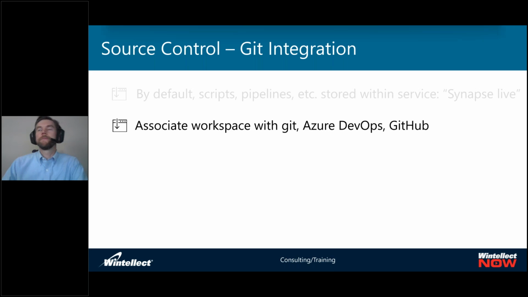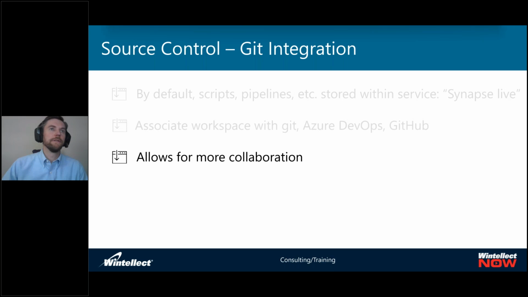But sometimes you may need a little bit more robust version control or integration with a Git workspace. So that's available to you. You can use Azure DevOps or GitHub or your own version of Git repositories, and that'll allow for some more collaboration. And there's some good documentation on this. I'll show where this is when we get into the Synapse workspace.